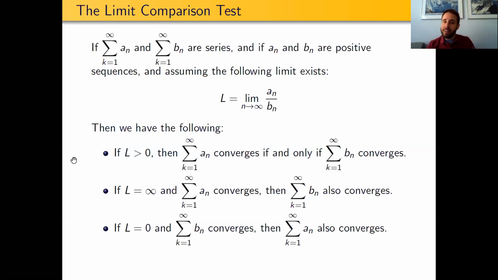So we have this slightly more complicated limit comparison test that lets us determine whether or not our corresponding sequences converge depending on the value L, that is the limit of this ratio. All right, that's all I got for this video, but I will see you all next time.